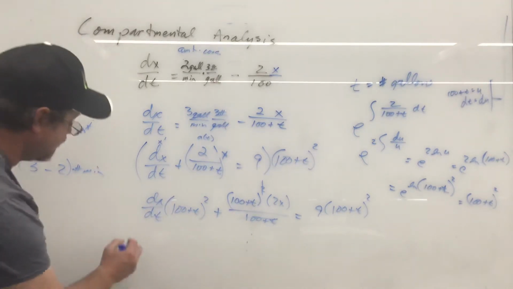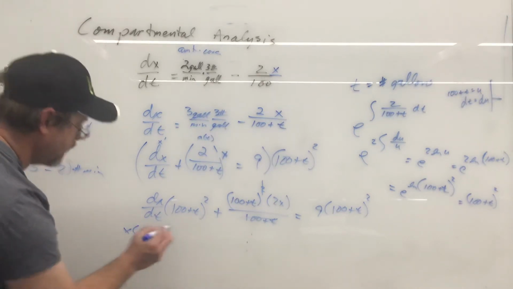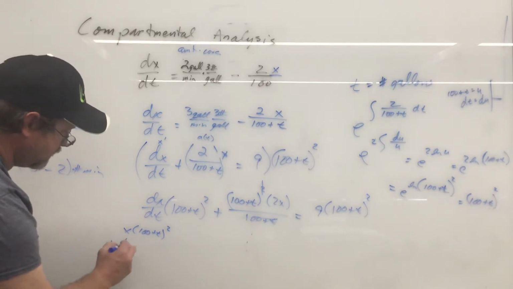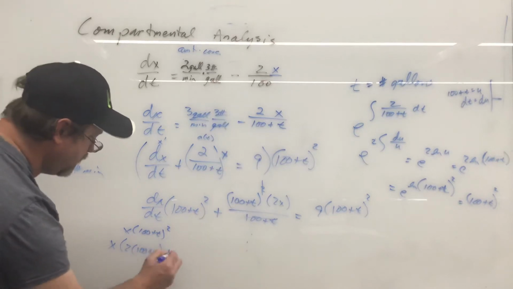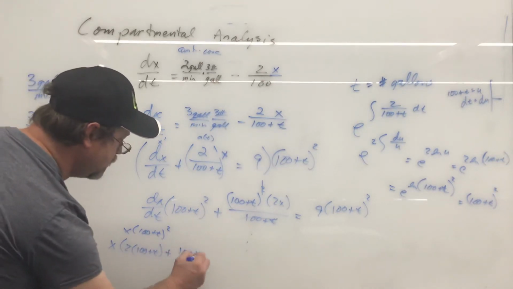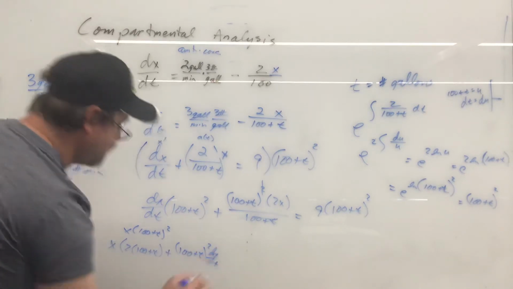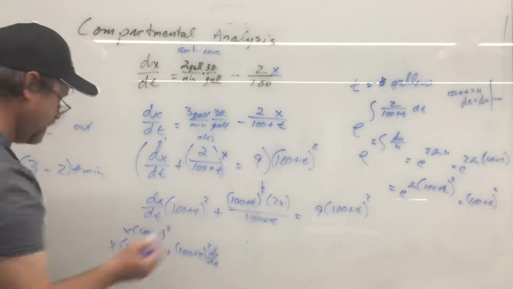Well, if my product is x times 100 plus t quantity squared, and x is a function of t, I will hold the first, take the derivative of the second, plus hold the second, take the derivative of the first. And I see that is that, and that is that.